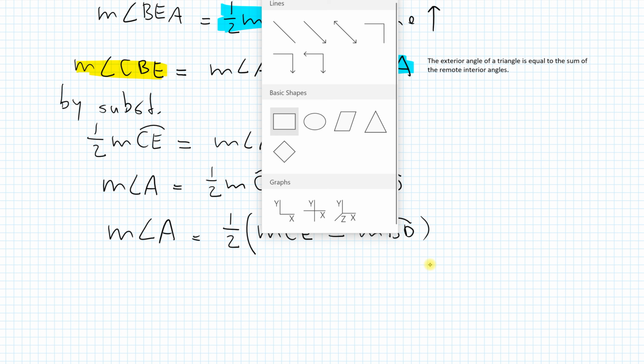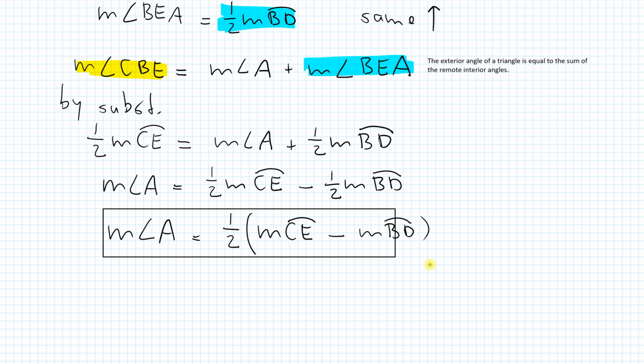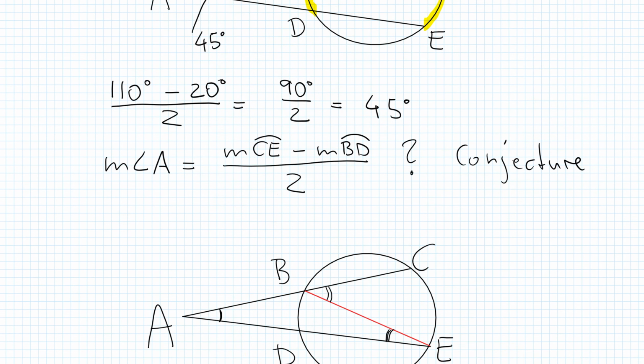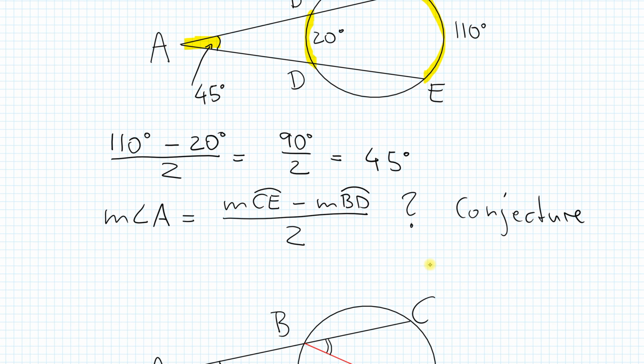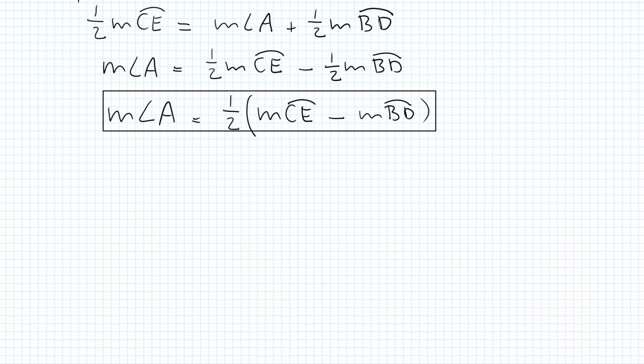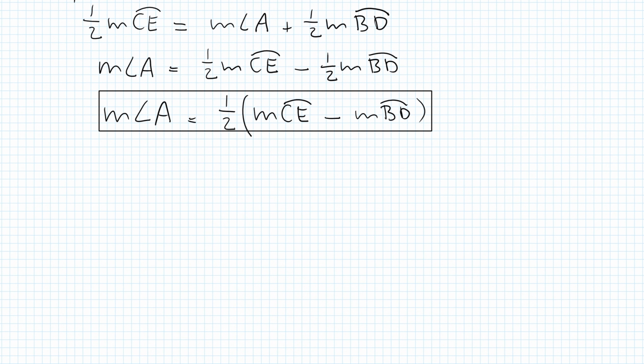And that is basically the proof for our conjecture, okay? So it actually works, as you can see. So if you go back, that was our conjecture, that it was half the difference between arc CE and BD, okay? We proved that it always works, okay?